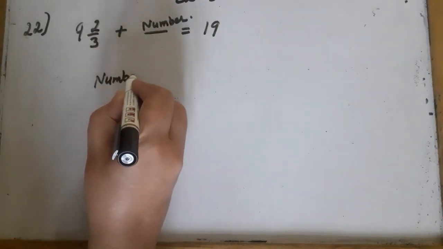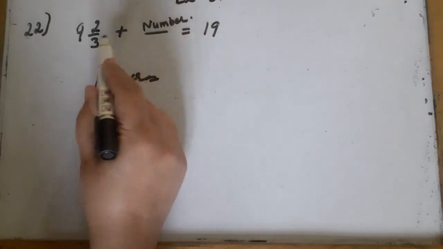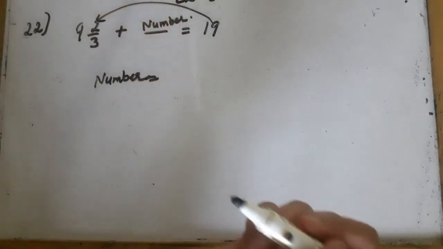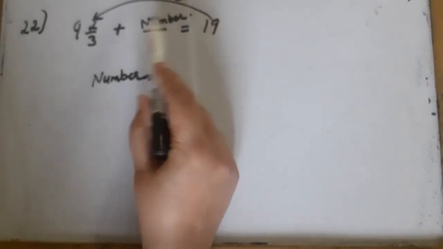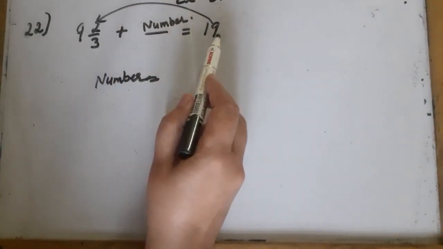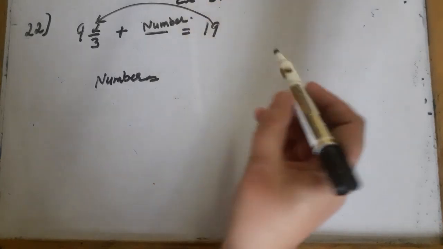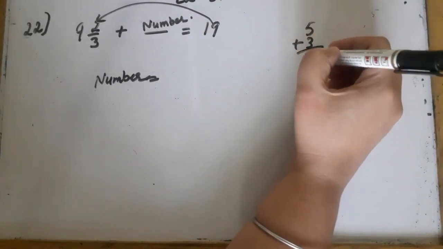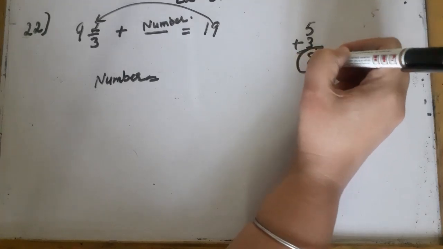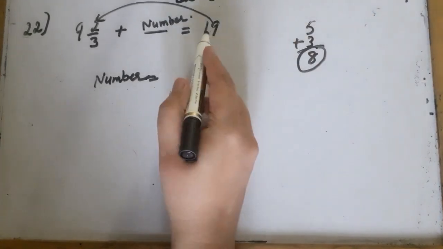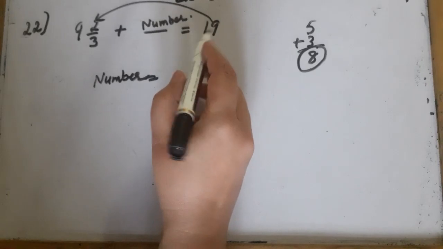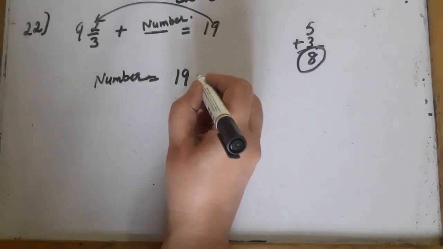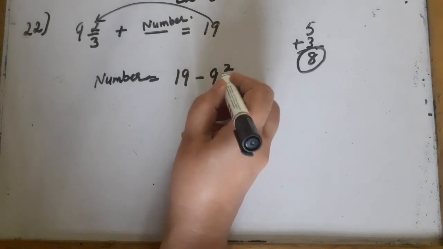Whenever I have to find the number to be added, I will subtract both of them. When we add two numbers, the sum is always greater. So when I subtract, 19 is greater, so 19 will come first, minus 9 2/3.